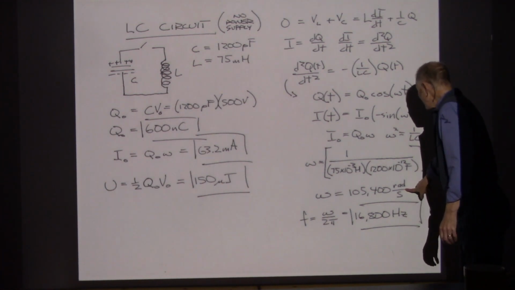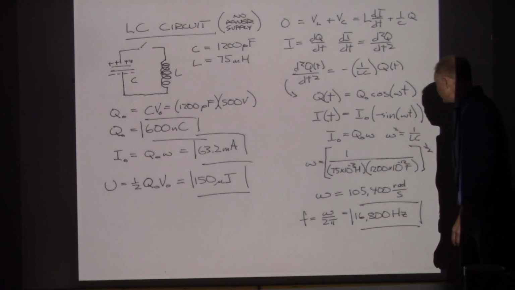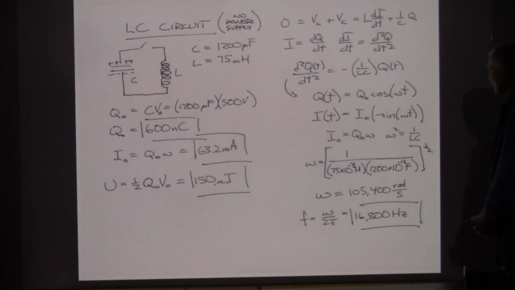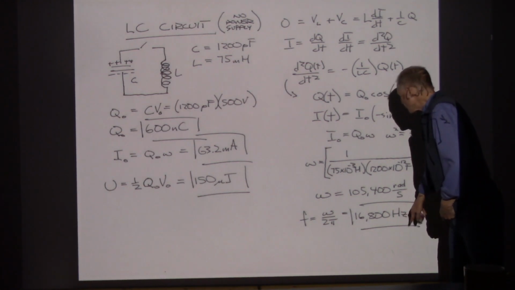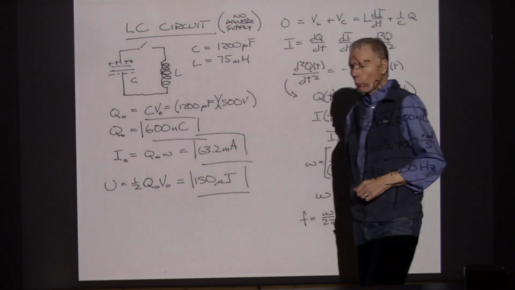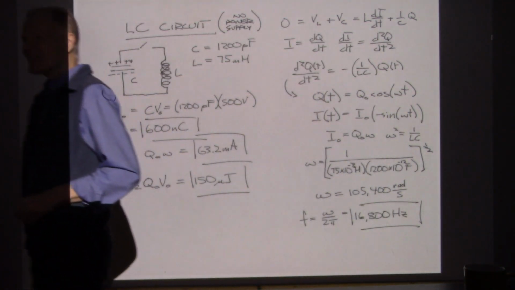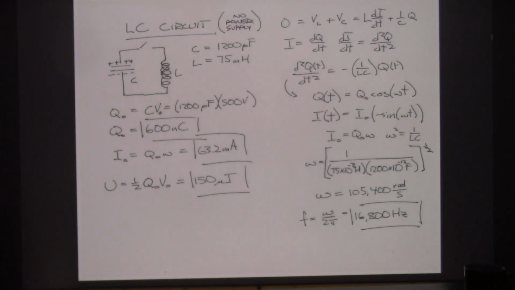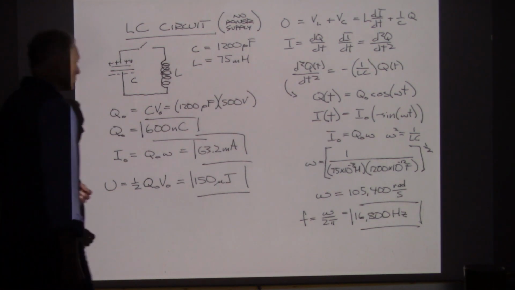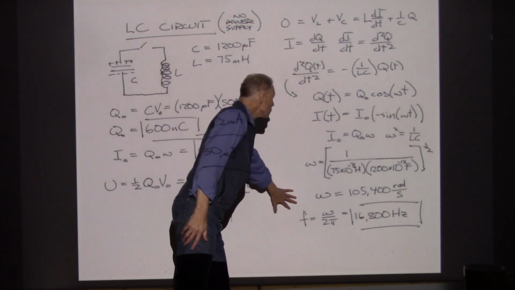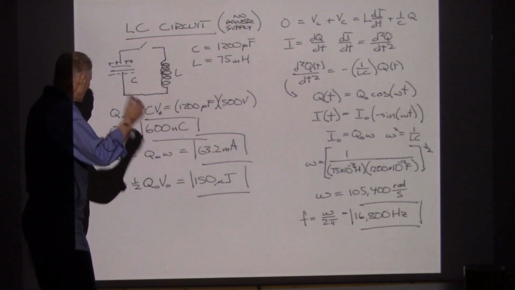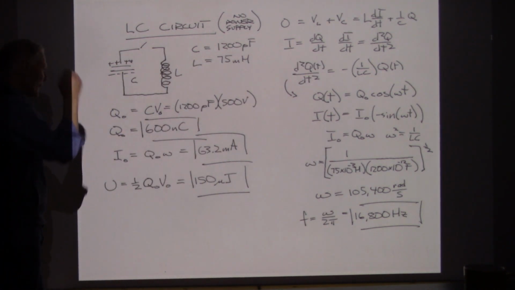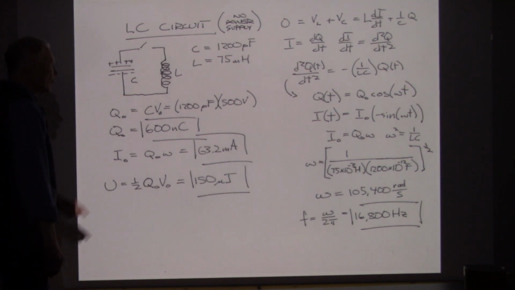So the angular frequency is about 10^5 radians per second. So if I put that in terms of hertz, the current's oscillating back and forth 16,800 times a second, okay, as a frequency. All right, and when it radiates, it's going to radiate photons with that frequency. So something to think about, looking ahead towards radiation of electromagnetic fields.